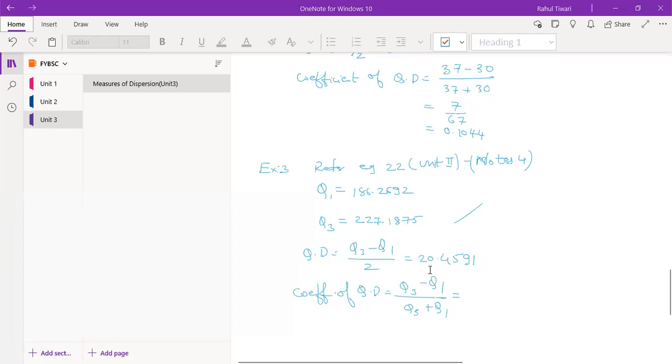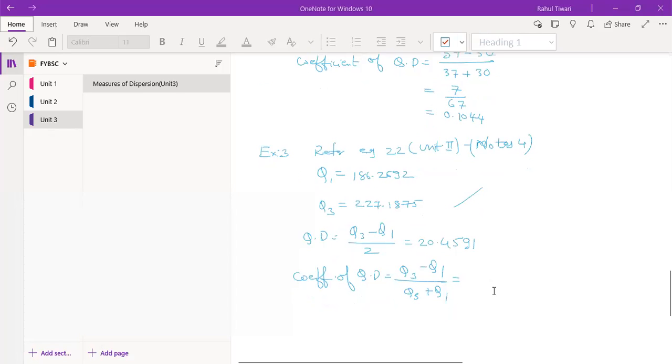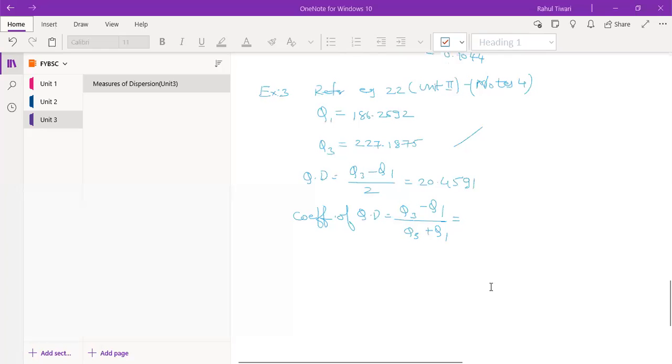Substitute these values, like 20.4591 divided by the addition of these two values. So you may get the answer for the same.